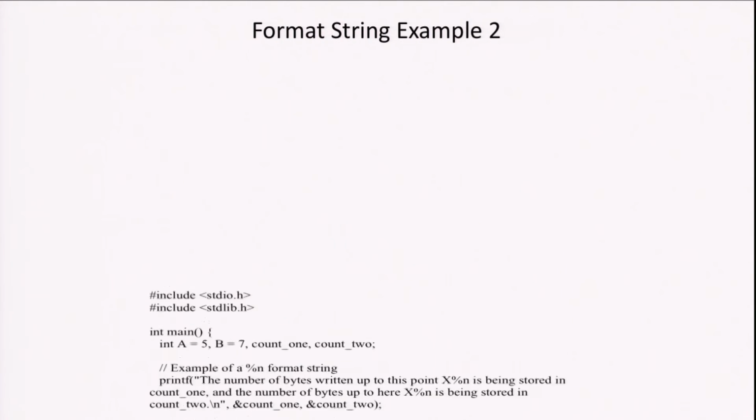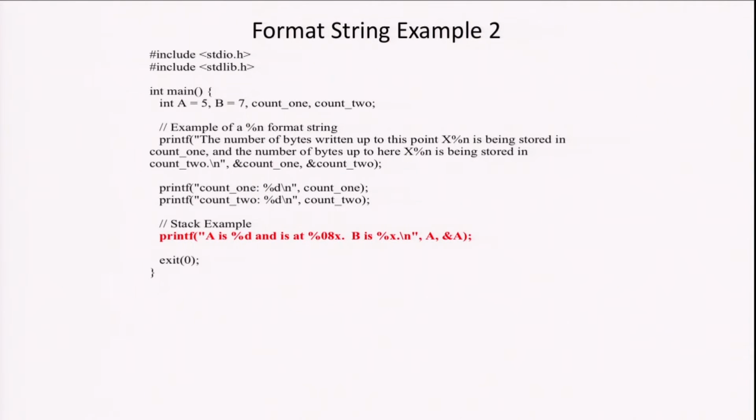Let's see what happens if we make some change. Everything is the same as before, but instead of &a and b, I just put &a and nothing else. Although I have 3 formatting instructions here, %d, %08x, and %x, I have only 2 corresponding matching variables.